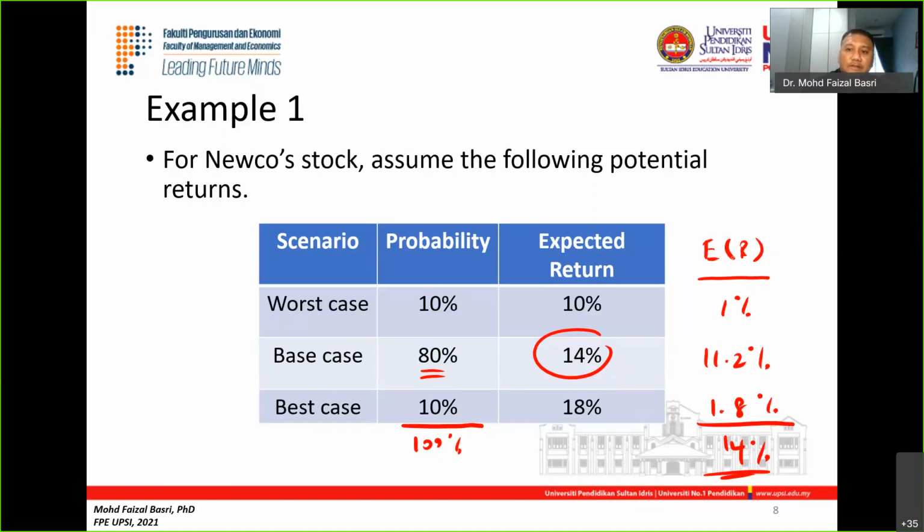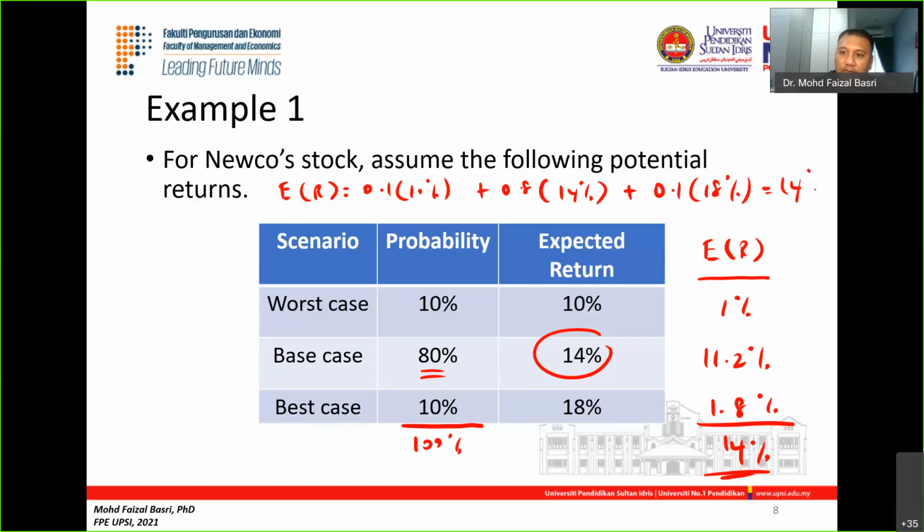Okay, so this is how we calculate the ER. Or if you want to use a formula, it would be something like this: ER equals 10% times 10% plus 80% times 14% plus another 10% times 18%, all of this respectively.